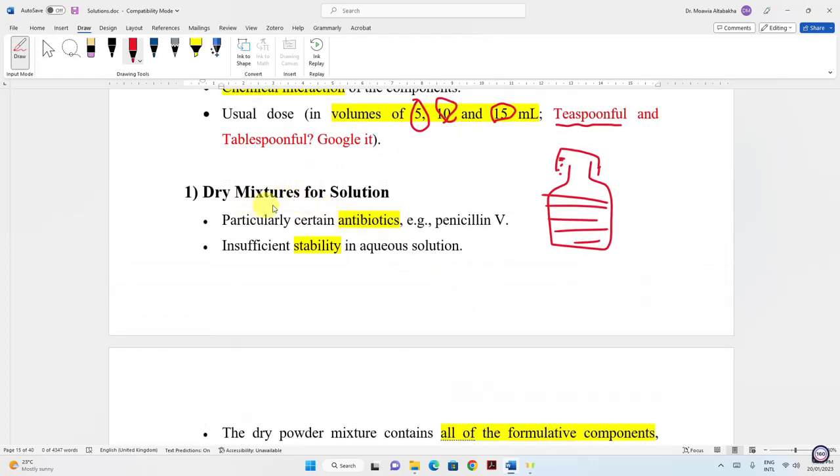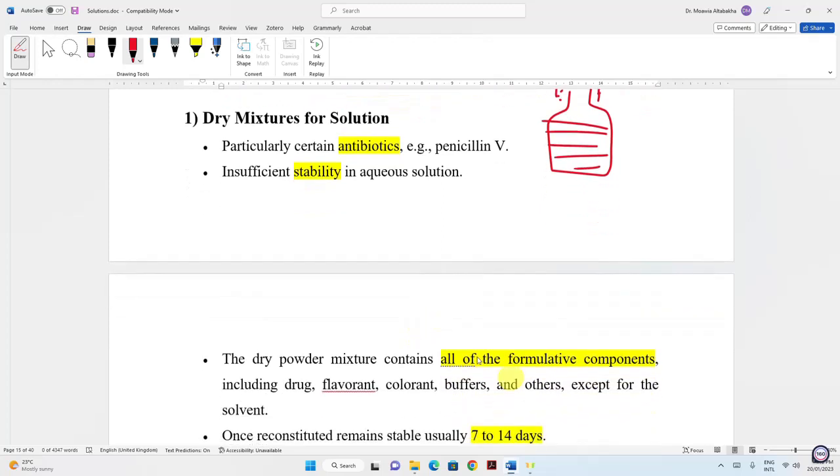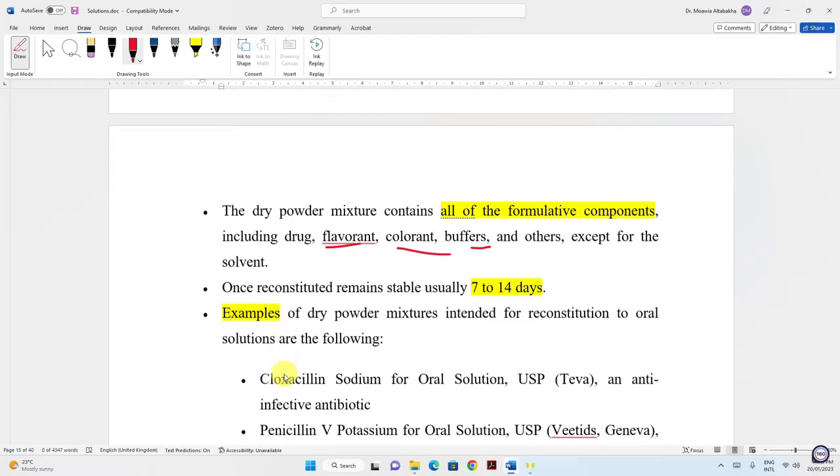Now, this dry mixture, like for the case of antibiotics, what does it contain? Does it contain only the antibiotic? No, it will contain all the components of the formulation, which includes the flavors, any coloring agent, buffers, etc. The only difference is that water is not added, and it's added only when it's prepared.